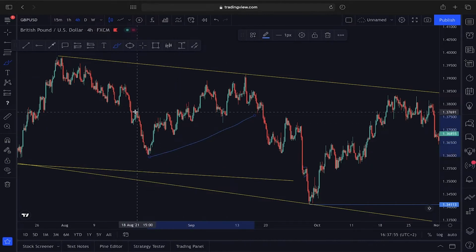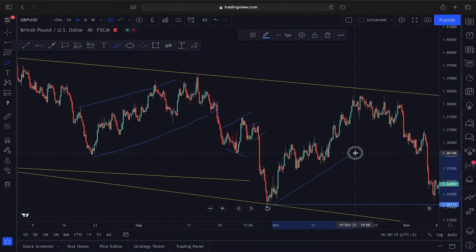So there's one, and notice how we formed a bearish flag just before we had more momentum to the downside. We then formed a larger flag, but this is not a typical structure I'd be looking for to get into a trade.